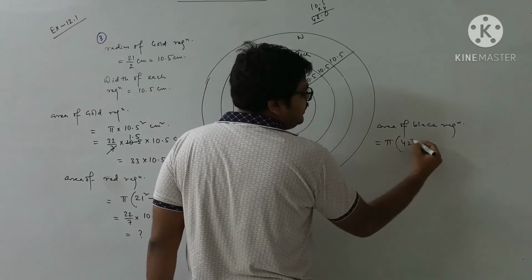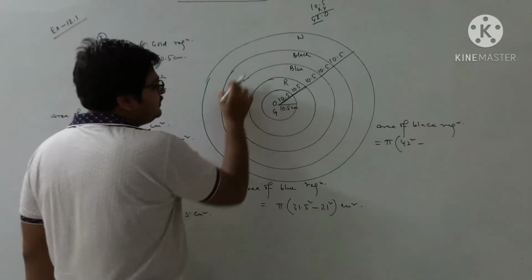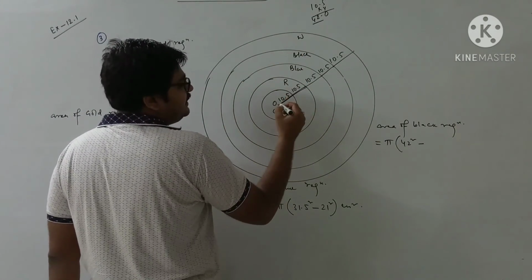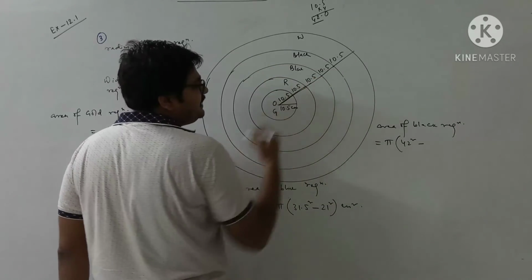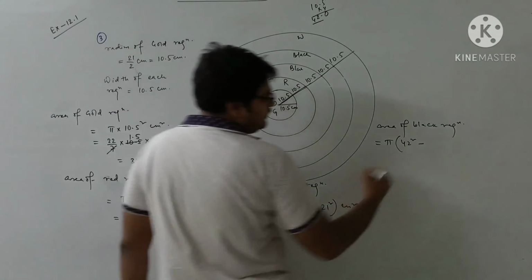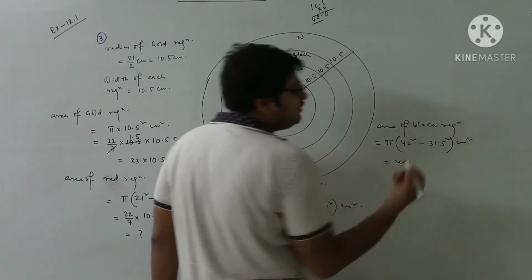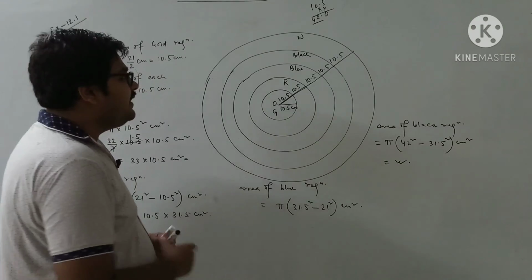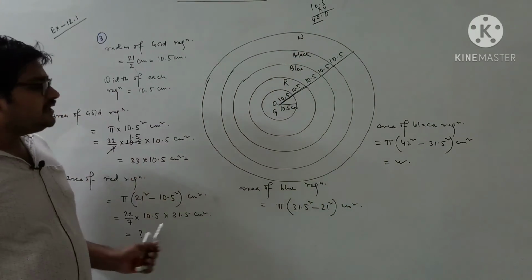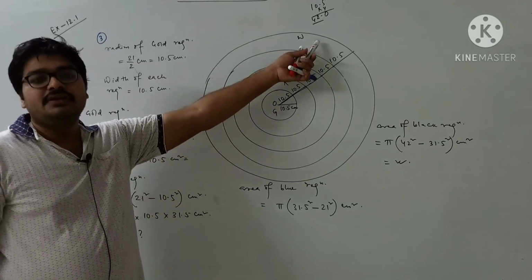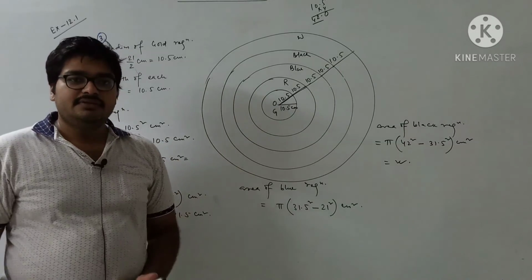So 42 square minus... Black region is this one, so we have to subtract the area of this bigger circle, whose radius is 10.5 into 3, that means 31.5. Now you calculate to get the area of the black region. Similarly, you will find out the area of the white region yourself.